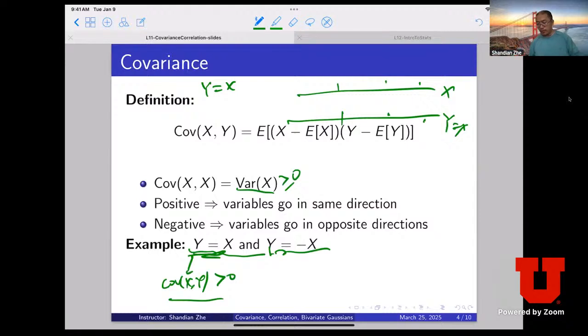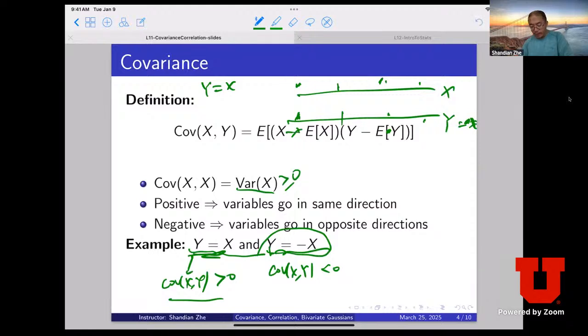So imagine you got x. When x is here, your y, which is negative x, would be here. When x is here, your negative x will be here. So x and y in this case go in opposite directions. As a result, the covariance of x, y must be negative, right?